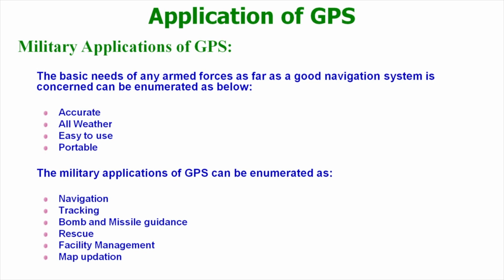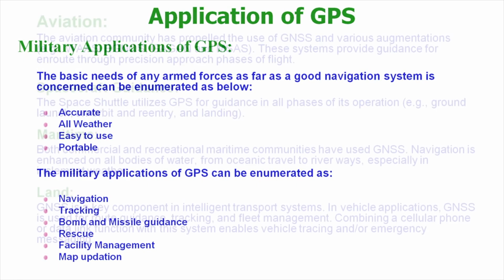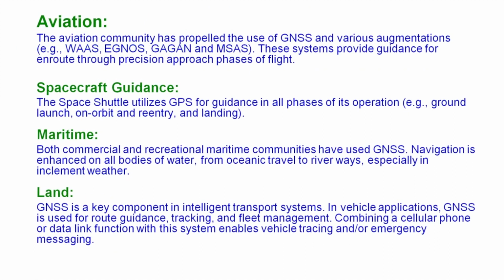We also have to do rescue operations, and for rescue operations we need specific locations. GPS provides the specific locations that are used for rescue operations, and for management and mapping; military applications are tremendous. In aviation, GPS is used everywhere. In India we are using the GAGAN program.